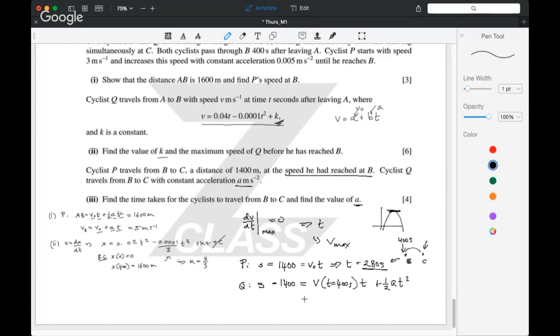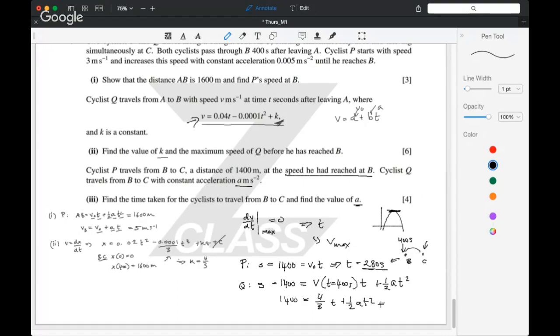Well, we have everything in this. The velocity at time equals 400 seconds we just get from this equation here. We just plug in 400 seconds. We know k. And then we will get that this is equal to 4/3 t plus 1/2 a t squared.